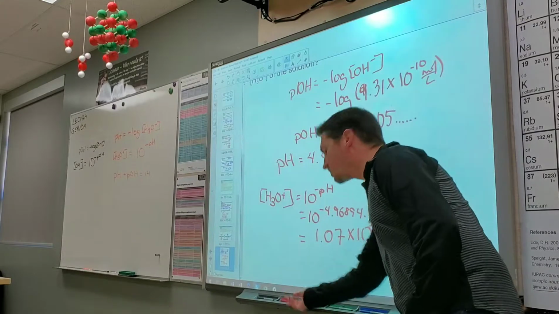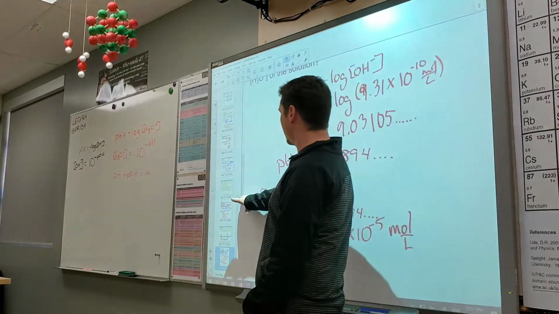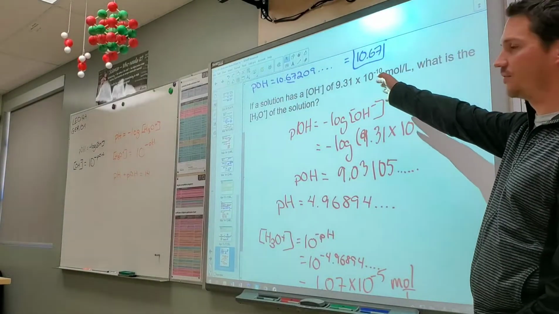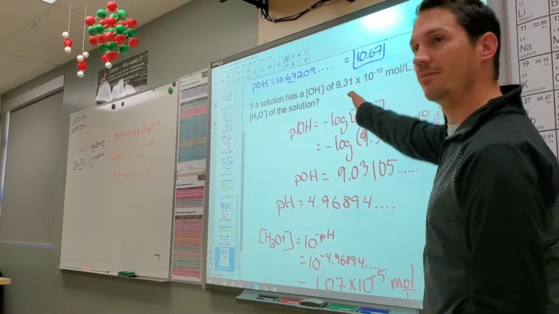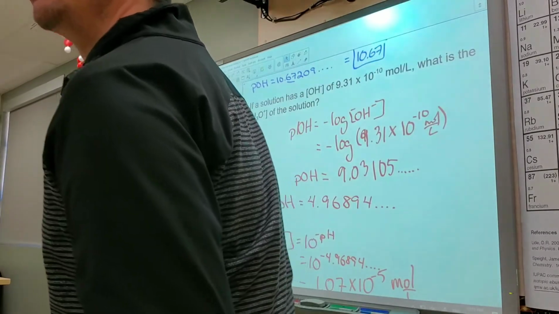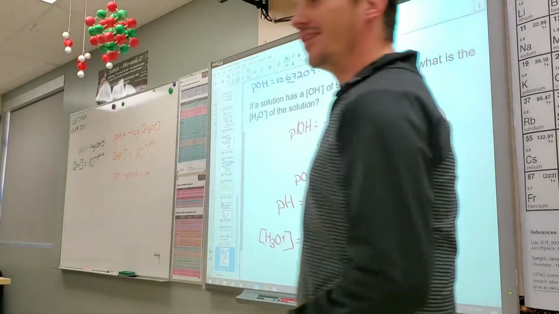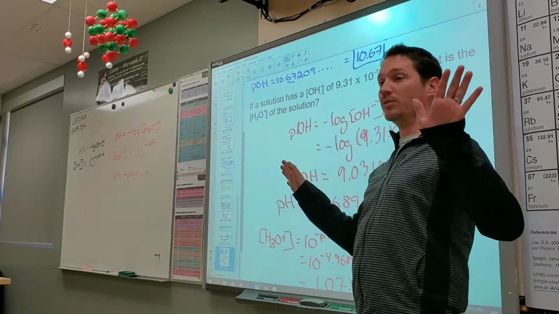Now let's go back to our original information, way back to the beginning. How many significant digits are in my original information? 3. Is it a pH or a pOH? No, then it's normal rules, right?